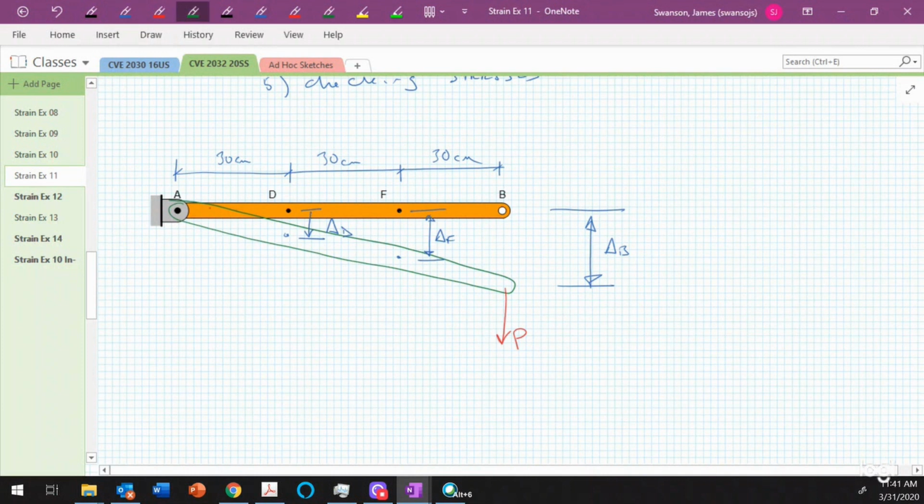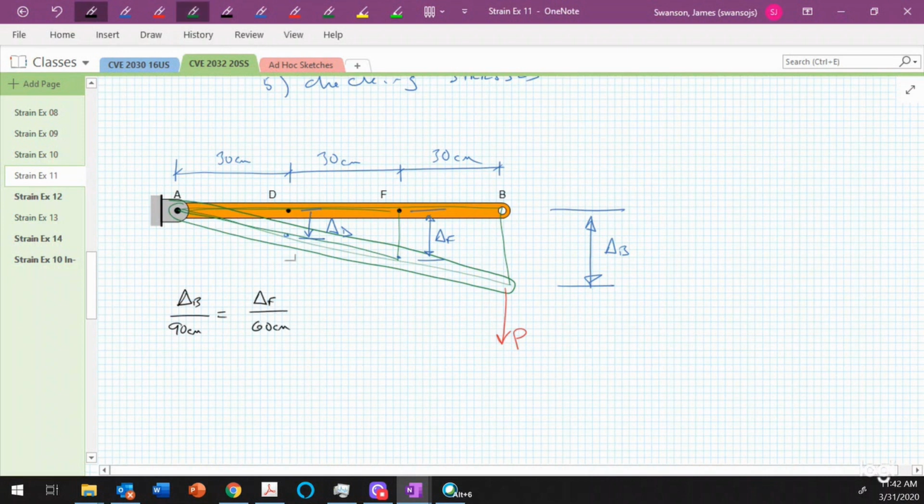We could take this triangle here, and we could say that delta B is to 90 centimeters, and then we take this triangle here, and we could say delta B is to 90 as delta F is to 60.